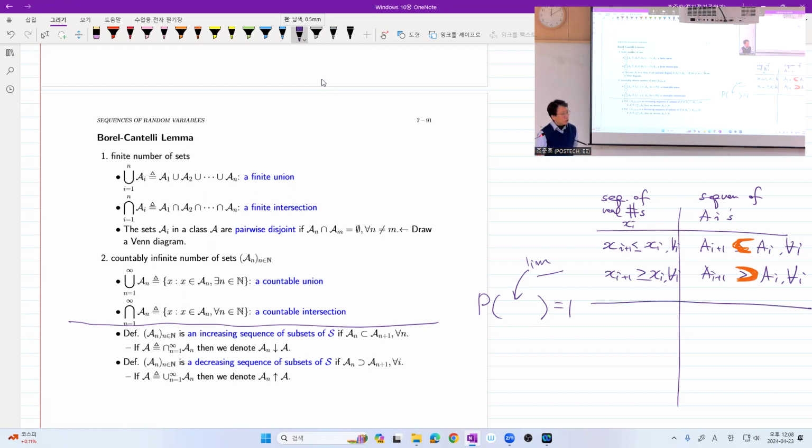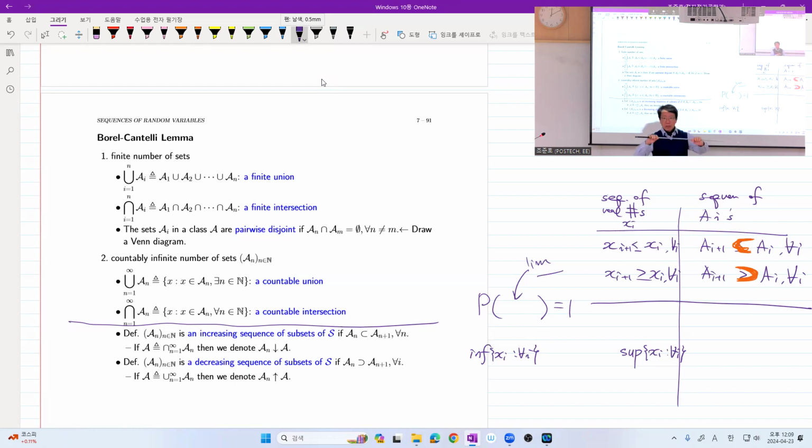So given a sequence of numbers, let me give you an interesting inequality. Consider the supremum of x_i over all i and the infimum of x_i over all i. So you have a sequence of real numbers and you know what the maximum is, right? However, the maximum may not exist. For example, you have the sequence 1 minus 1 over n.